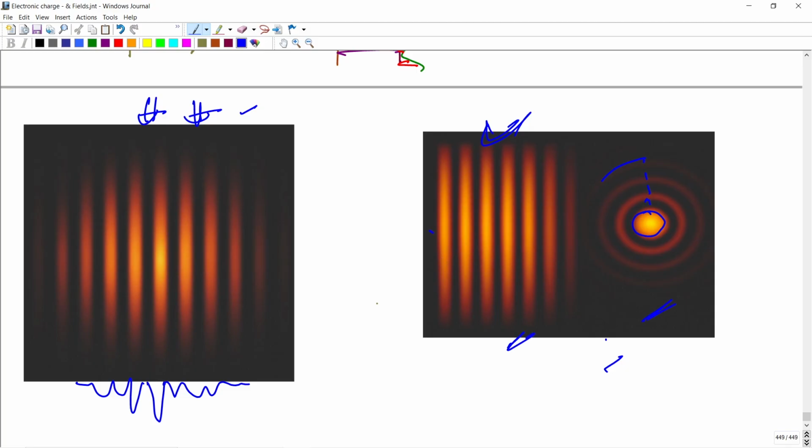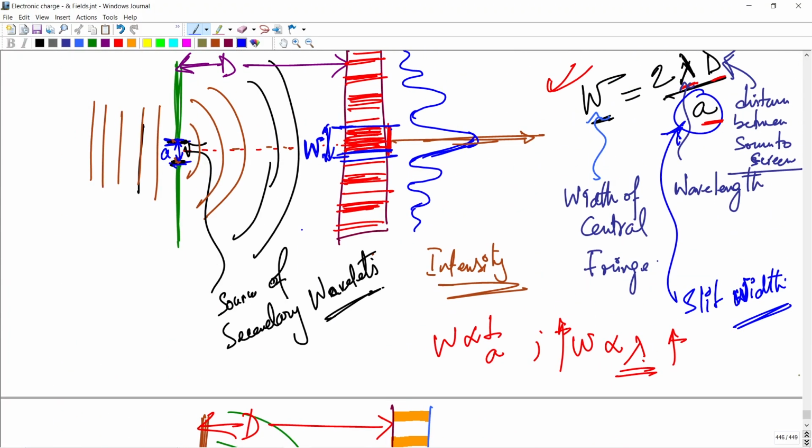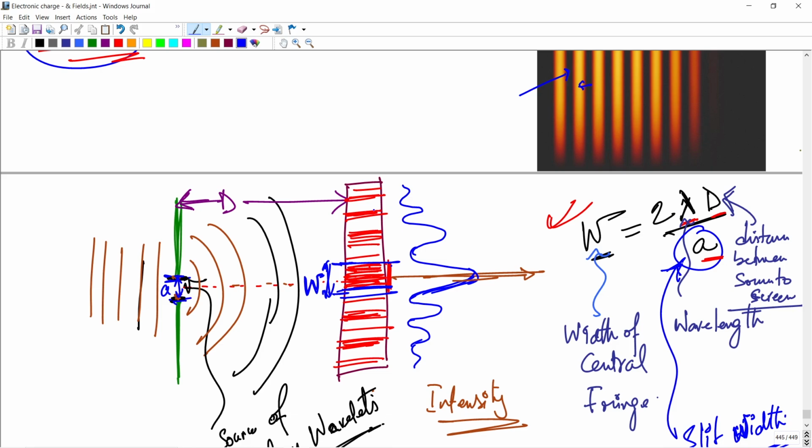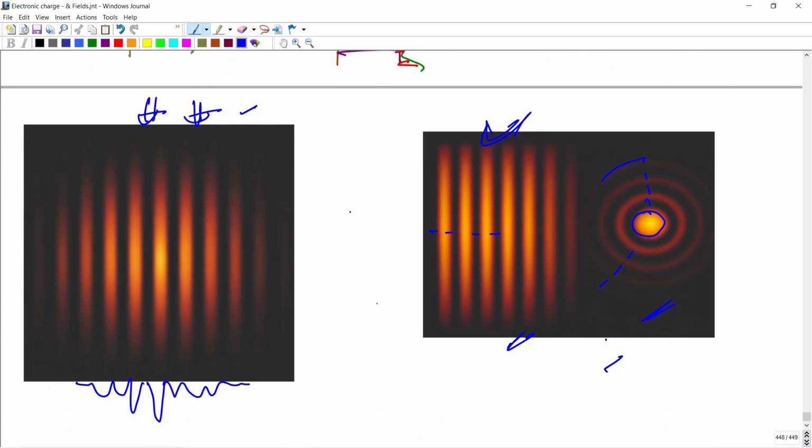You see that the interference fringes have the same width, but in diffraction the central fringe is wider. So it is clear what the difference between diffraction and interference is: that is interference, and that is diffraction. I think the concept is now clear.